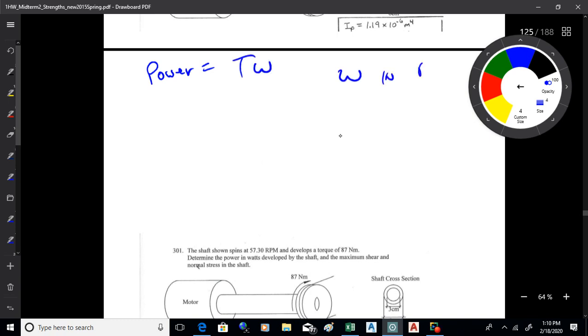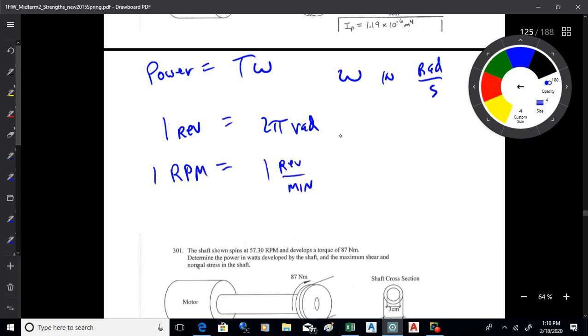Omega in radians per second, so be careful on that. What you've got here is 1 revolution is 2 pi radians, okay? And 1 RPM is 1 revolution, which is the turn of a circle, per minute.